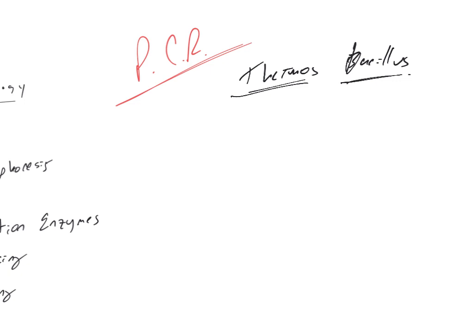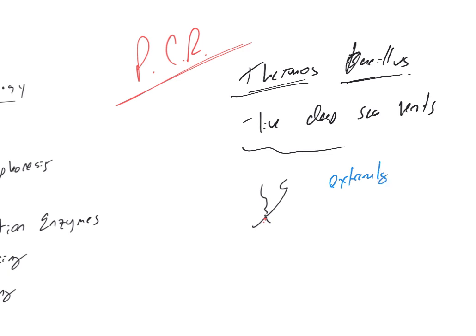These bacteria live in deep sea vents, right? So here's the ocean, here's my vent, steam, and these little buggers live right here. So they live at extremely high temperature. Now, why do we care about these little buggers?